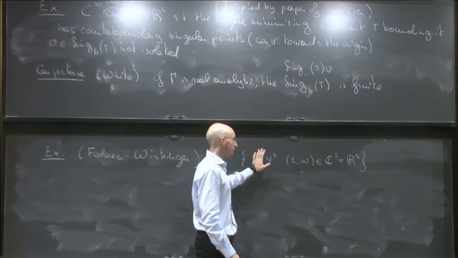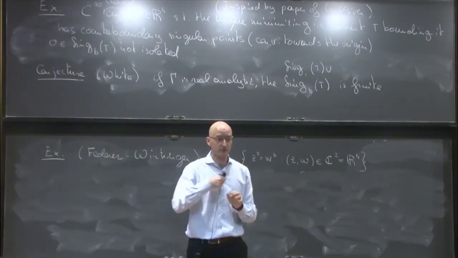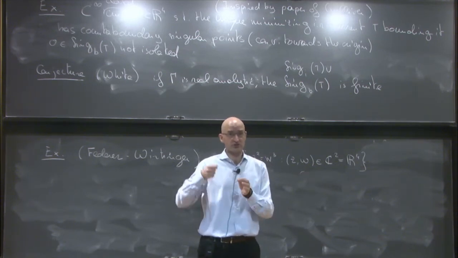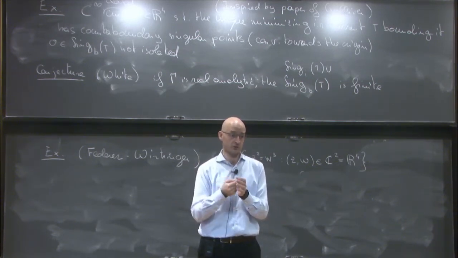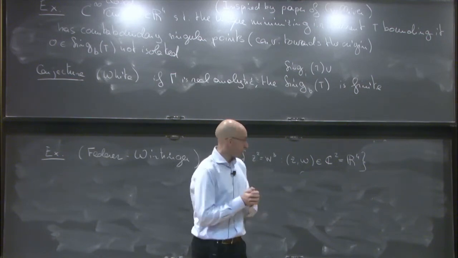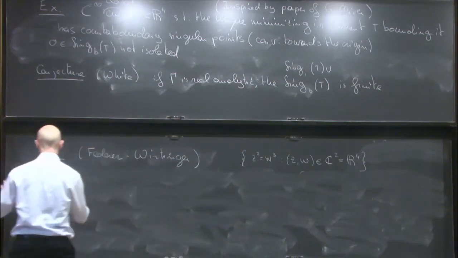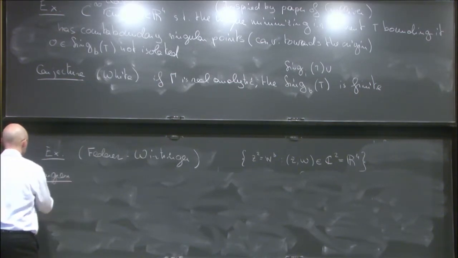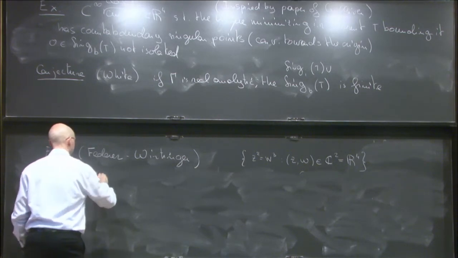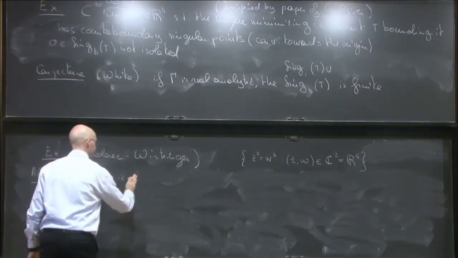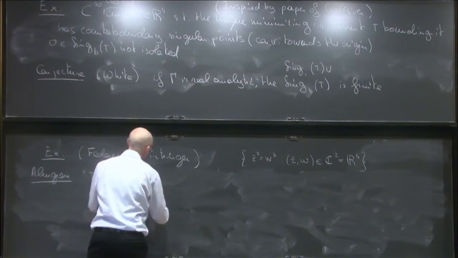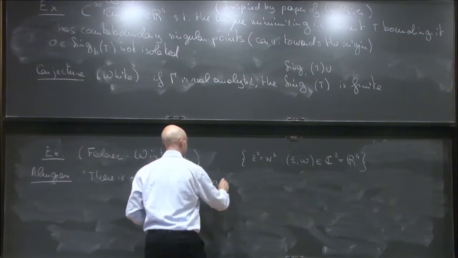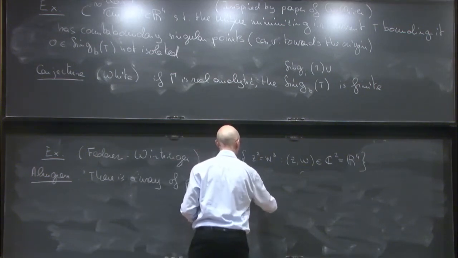Okay, so for a holomorphic curve, you would immediately know that this is not possible, because it would be as if you had a holomorphic function which has a sequence of zeros accumulating in the interior, and that's not possible. Okay, so the upshot of Almgren's proof in one line is that there is a way, complicated, but there is a way of proving a unique continuation type result for area minimizing surfaces.